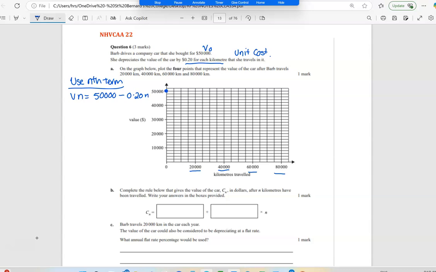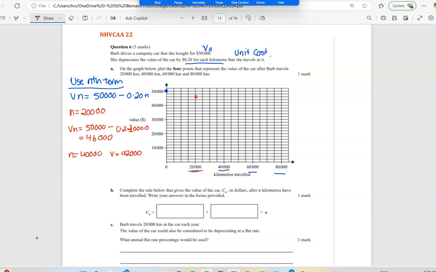So if n equals 20,000, I pop that into my formula, and the value would be 50,000 minus 20 cents times 20,000, and I end up with 46. So I go up here, and I think these were in thousands. You do that, and then you do it for when n equals 40,000. You do the same thing and you'll find the value is 42.